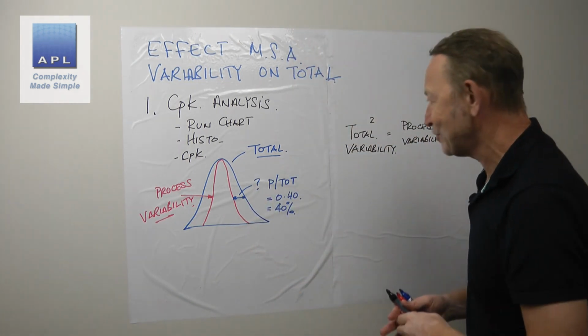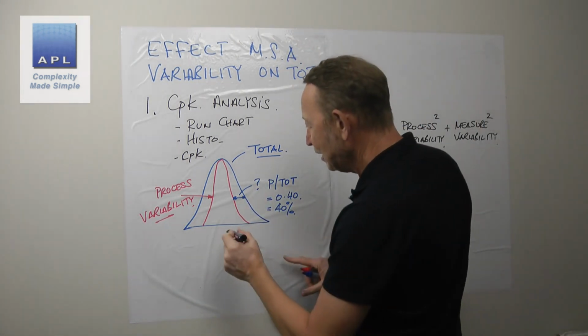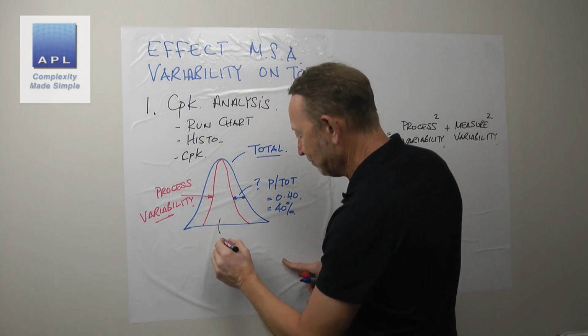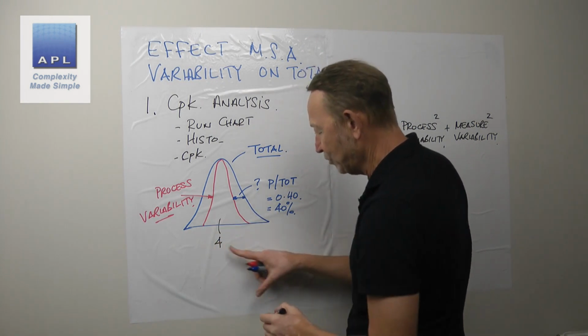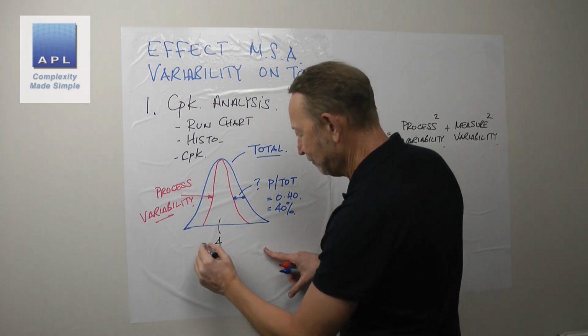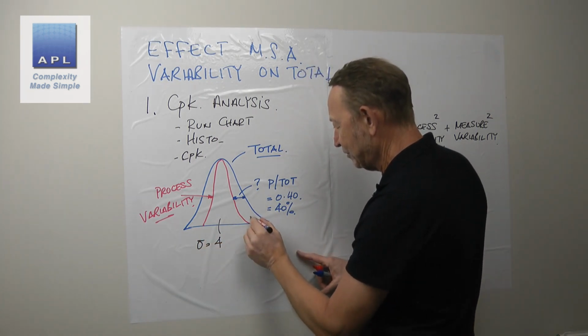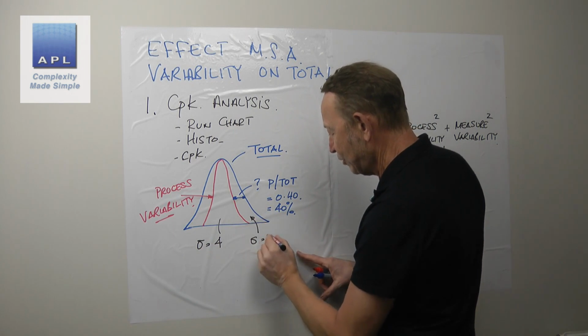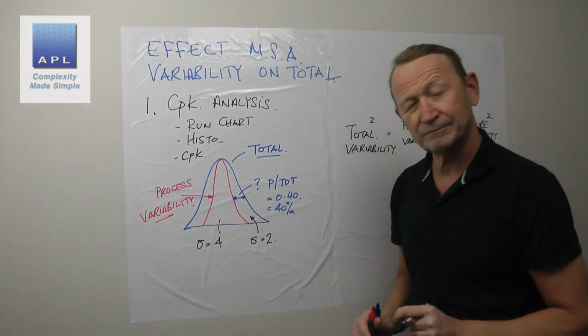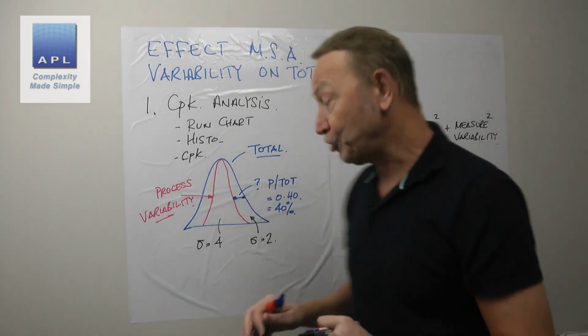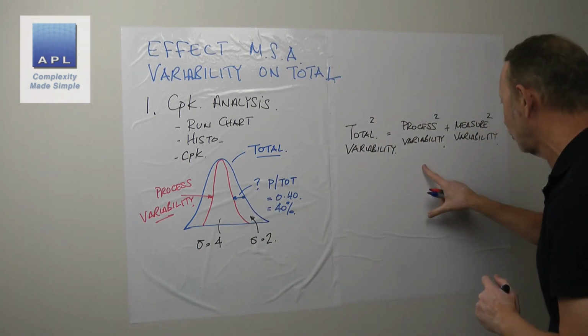So if we take an example, let's say that the process variability contributes a standard deviation of 4, and the measurement variability, the standard deviation is 2. Let's just plug it into our little equation.